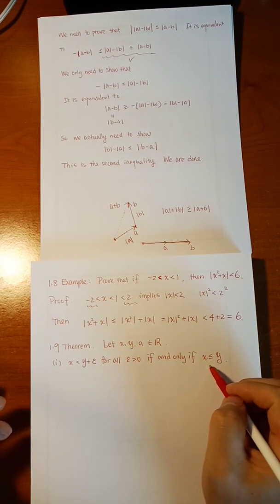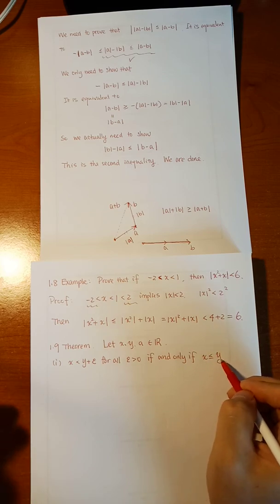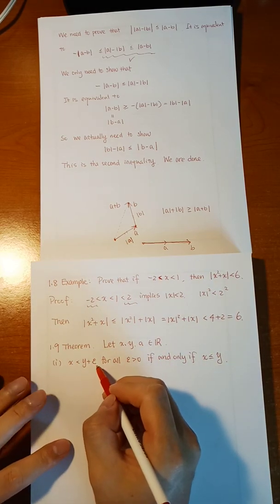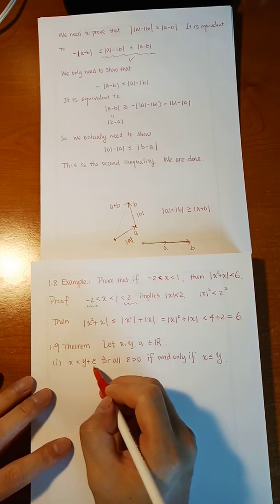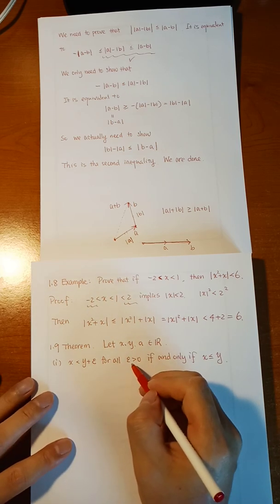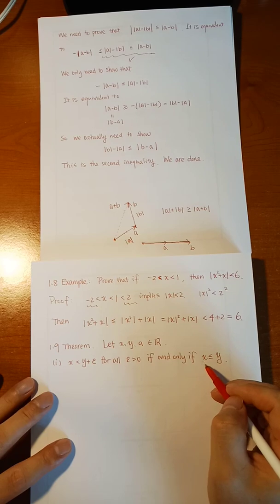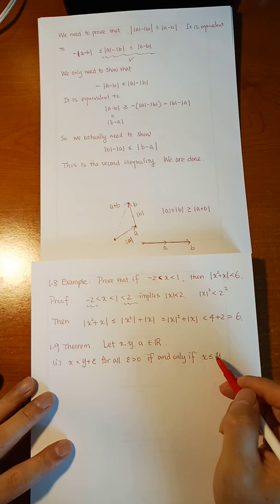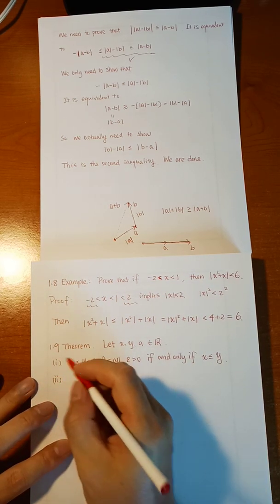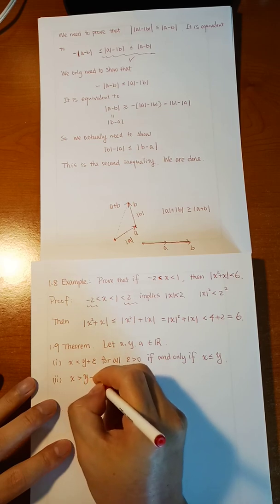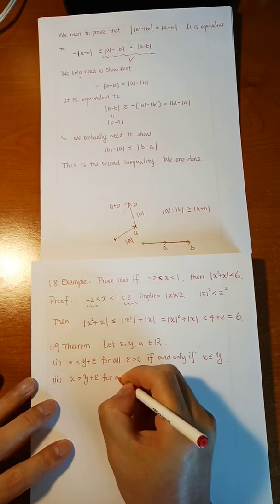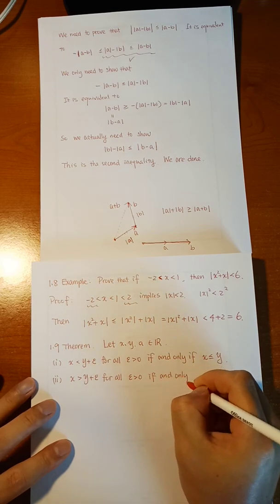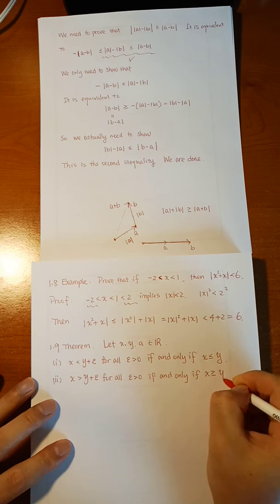Sometimes we cannot directly prove x is less than or equal to y, but we can prove that whenever you increase y a little bit, x is going to be less than y plus epsilon for whatever positive epsilon. Then it is equivalent to prove x is less than or equal to y. Okay? Symmetrically, x is greater than or equal to y minus epsilon for all epsilon greater than 0 if and only if x is greater than or equal to y.